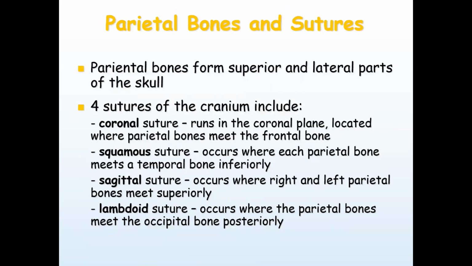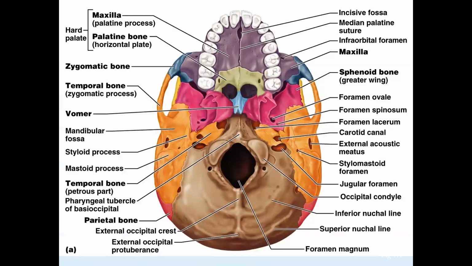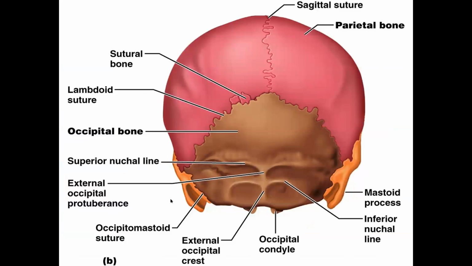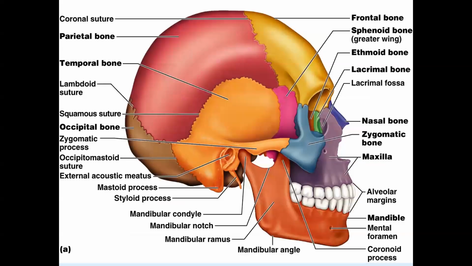So when you look at the skull, here you go. We can see the sutures. So okay, this is a lateral view. These here are the sutures. They almost look like patchwork, like somebody took different patches of cloth and sewed them together, right?